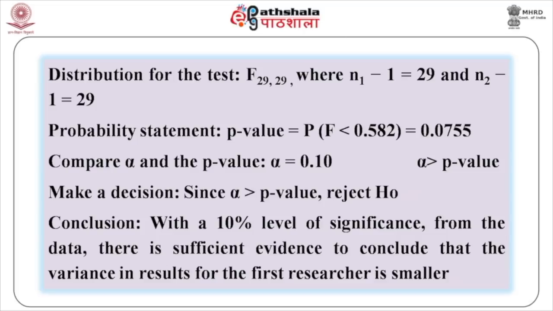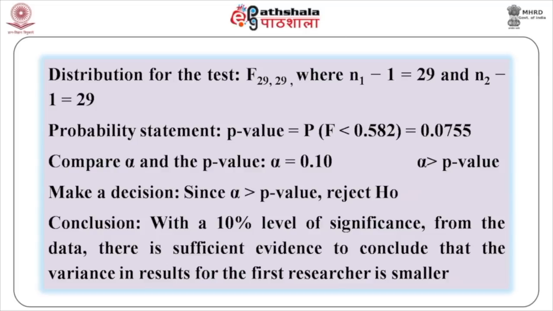The distribution for the test is F29,29, where n1 minus 1 equals 29 and n2 minus 1 equals 29. The probability statement is the p-value, which is P of F less than 0.582 equals 0.0755. Now compare alpha and the p-value.